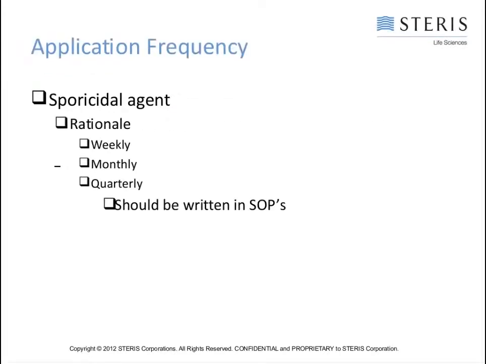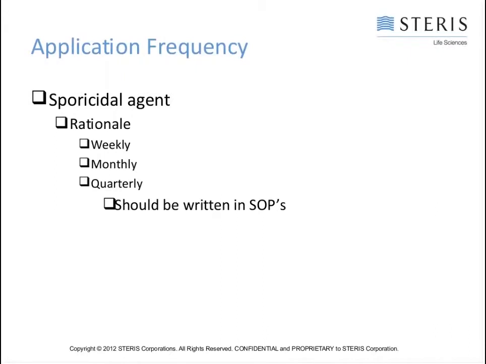So the rationale is based on your EM data, if it's monthly, weekly, quarterly. Most aseptic facilities will use it weekly. You'll see it more used monthly or quarterly for your higher grade rooms like the class 10,000 or 100,000. Or some just say based on if they see an issue in the room.